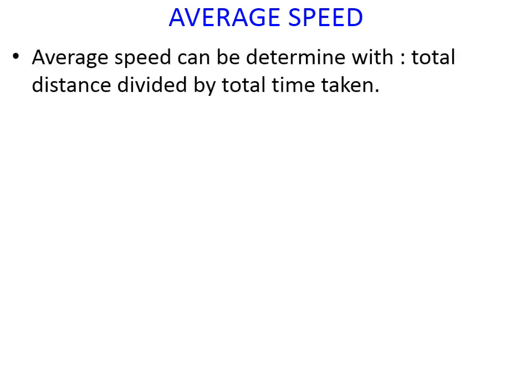Average speed can be determined with total distance divided by total time taken. Because of that, average speed can be formulated as v equals s total per t total.